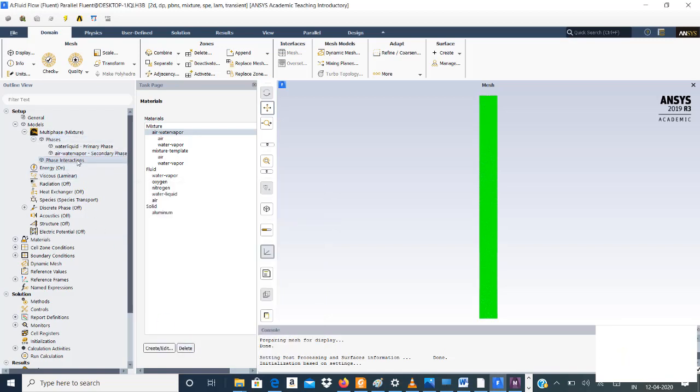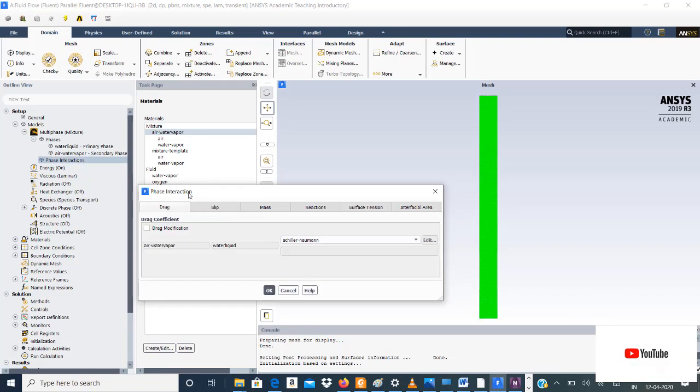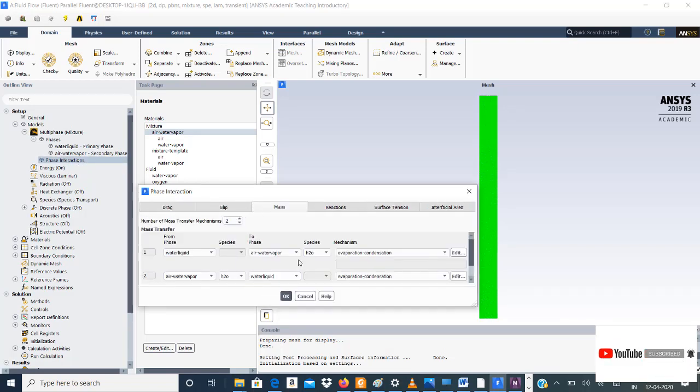And in the phase interactions, this is the model I have used. For mass transfer, I have used water liquid to the phase air water vapor. In that, the only species is water vapor, because water liquid only converts into water vapor. Similarly, here water vapor to water liquid, in which water vapor converts into water liquid. This is condensation, and the above one is evaporation.